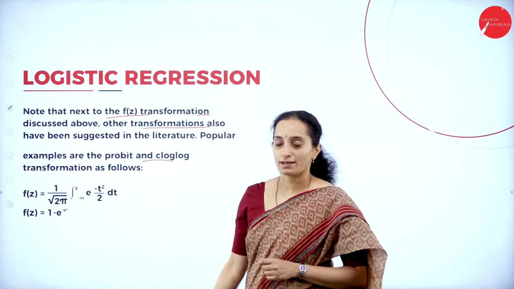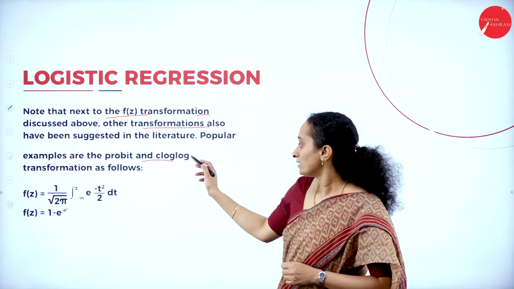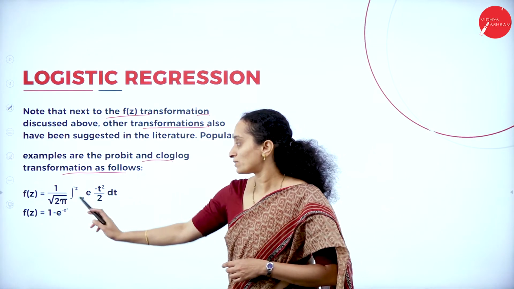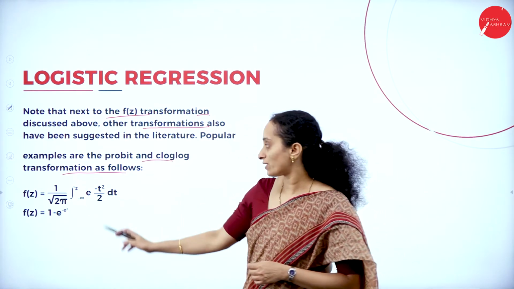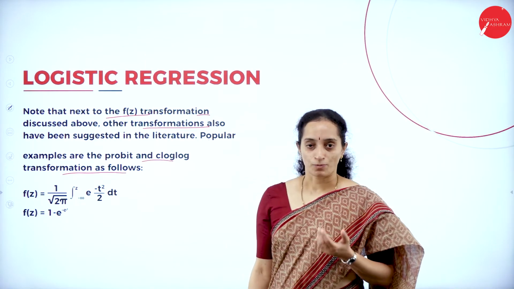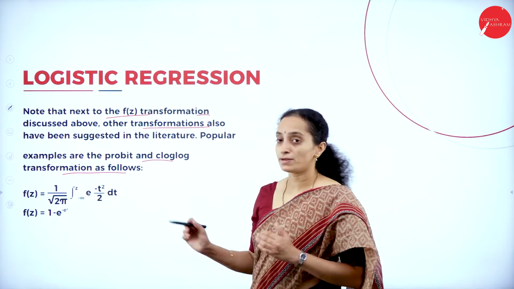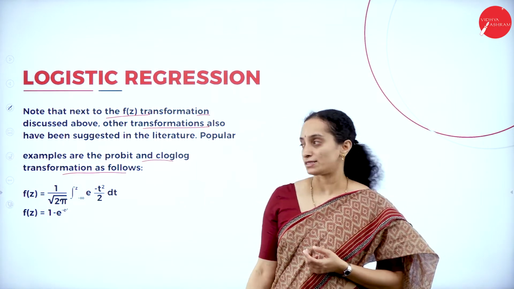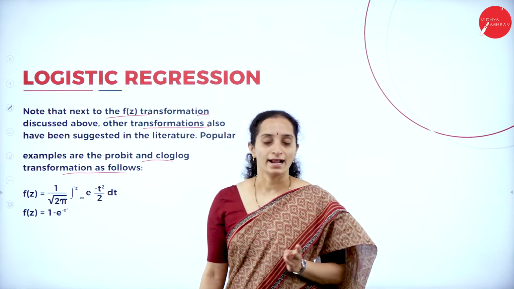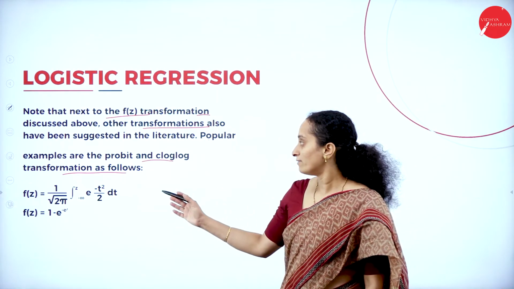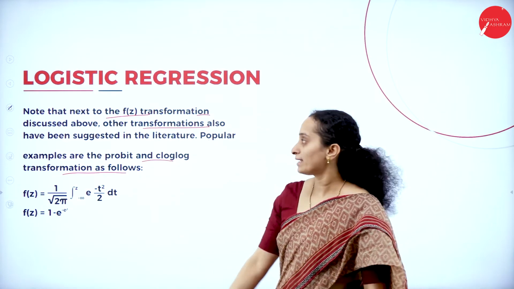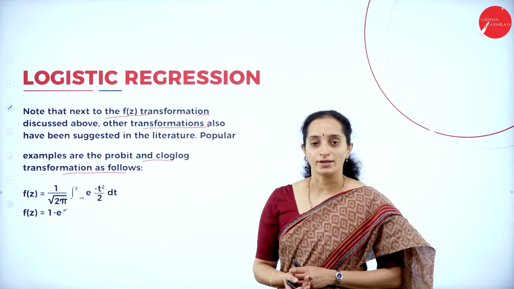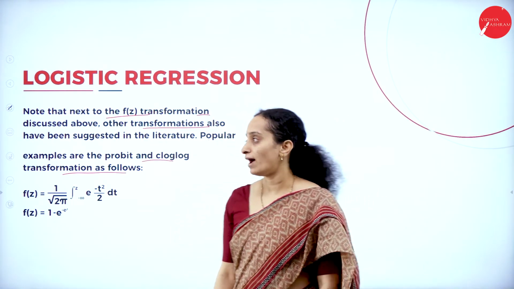Popular examples are the probit and double logarithmic transformations. These will be used to transform the set of values to a predicted value.